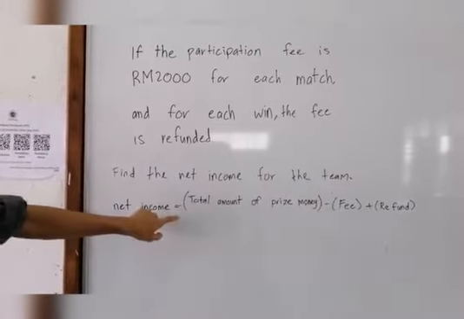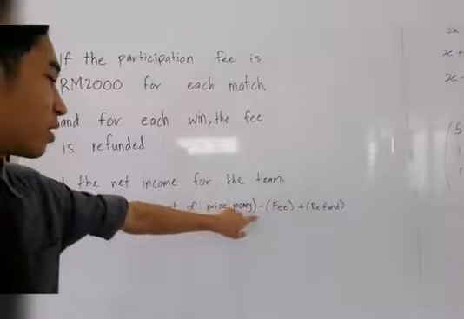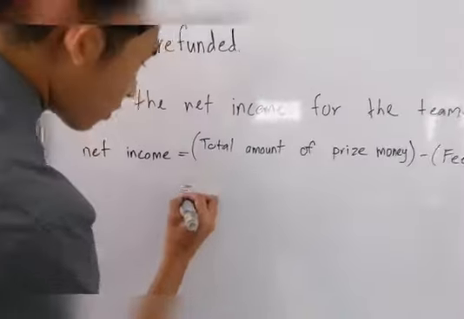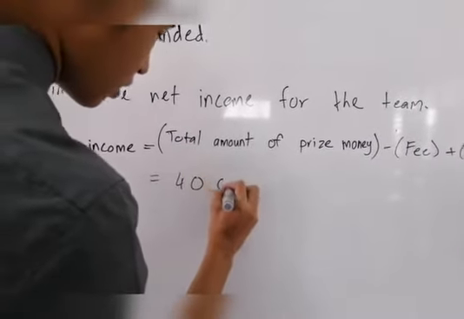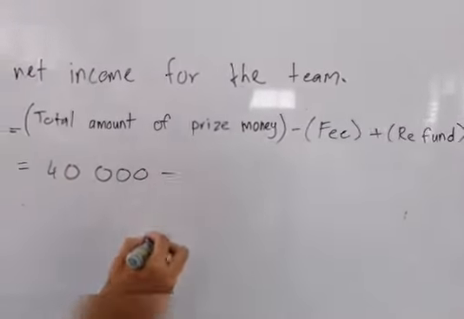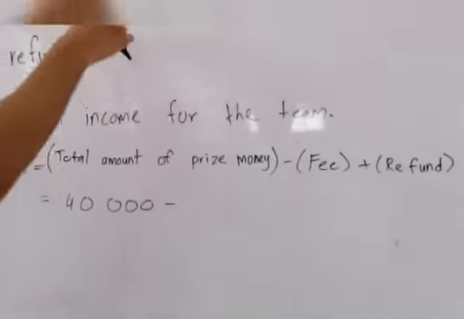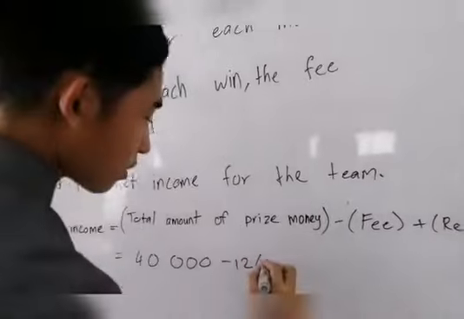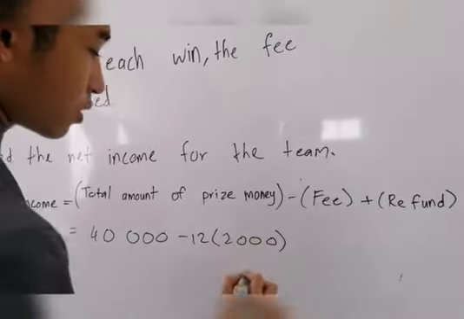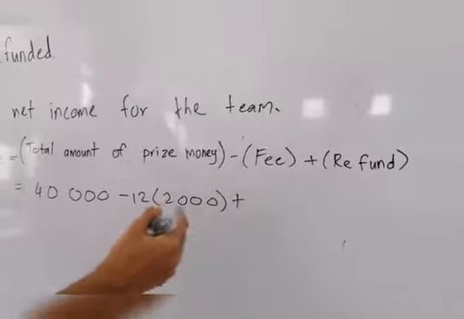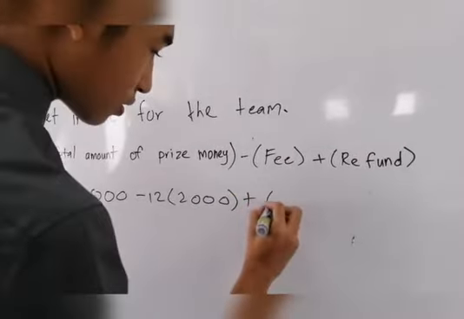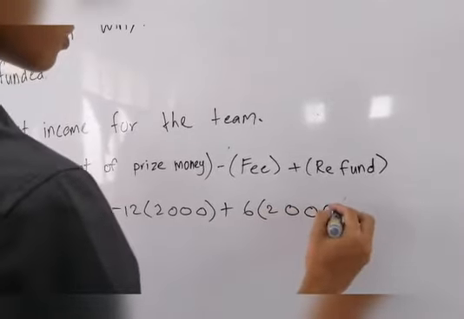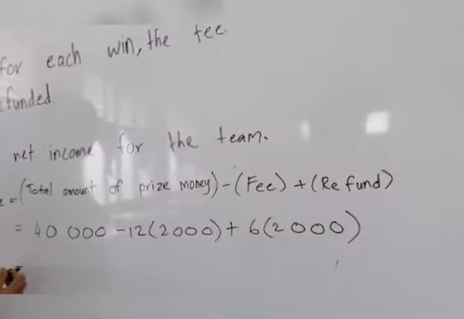The net income is equal to the total amount of prize money minus the fee plus the refund. The total amount of prize money is 40,000 minus the fee: we have 12 matches, and the fee is 2,000, plus the refund: we win 6 matches, times 2,000.